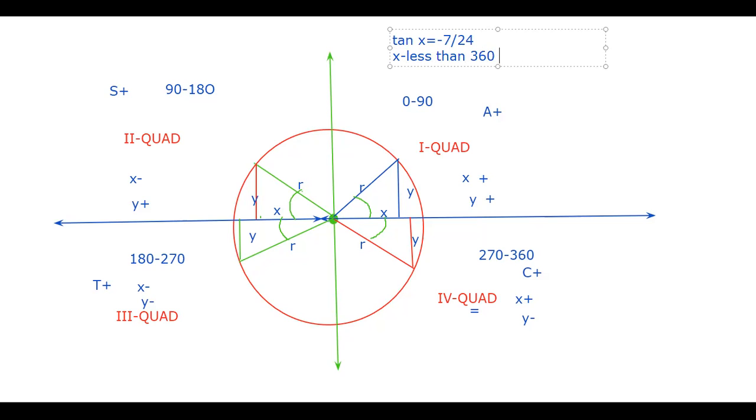and the other condition is that x is greater than 270. 3 pi by 2 means 270. Are you getting this? 270. Okay, so this is the question.